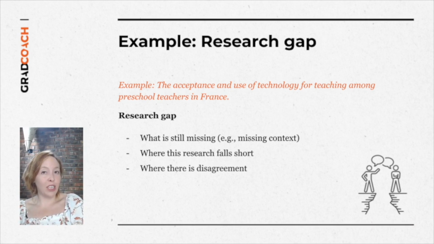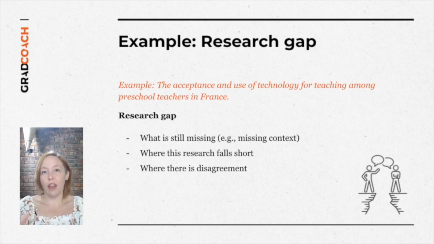France is a different context too. Maybe we should be expecting something else, thereby justifying the fact that context matters and therefore there is need for research in France for this particular question. So that's how you can use these three elements in this particular kind of literature review for this research project.